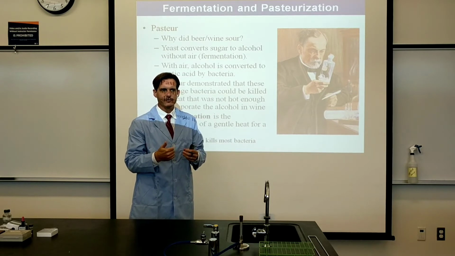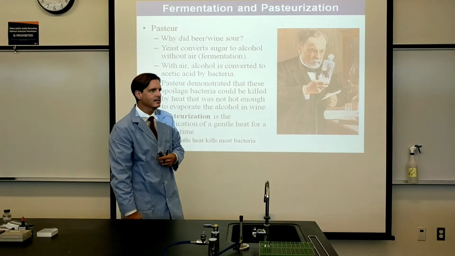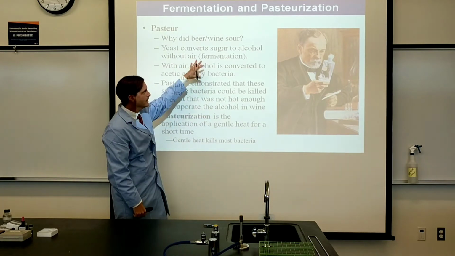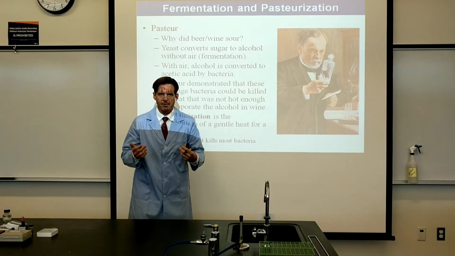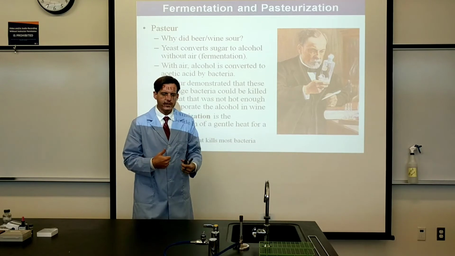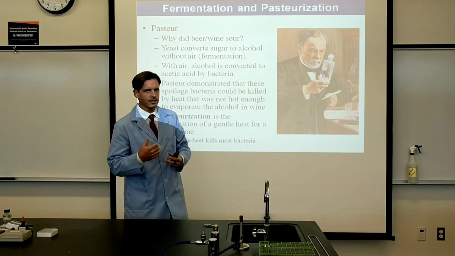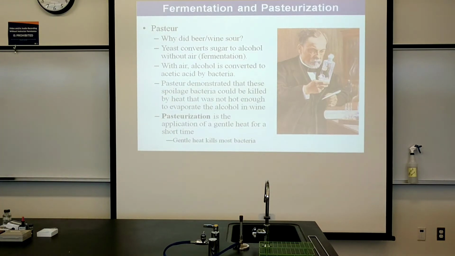So part of what he discovered was that yeasts could brew the wine properly, but there were bad bacteria that he wanted to get rid of, and so the whole development of pasteurization came about. He figured out that if you gently heat the wine or alcoholic beverage, beer, whatever it would be, for long enough, you could kill potential spoilage bacteria. The original formula for pasteurization was a gentle heating.